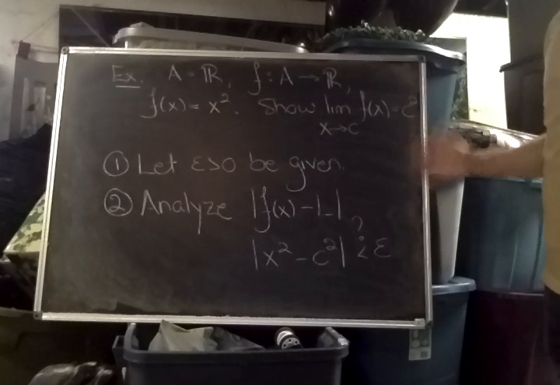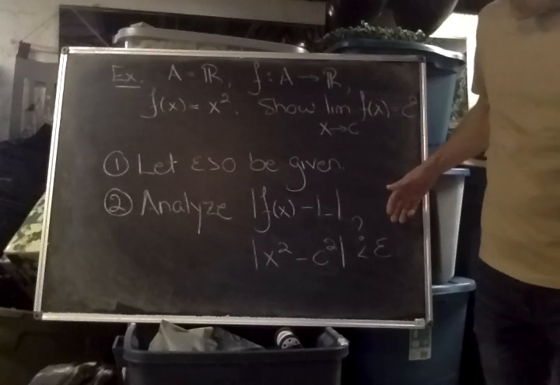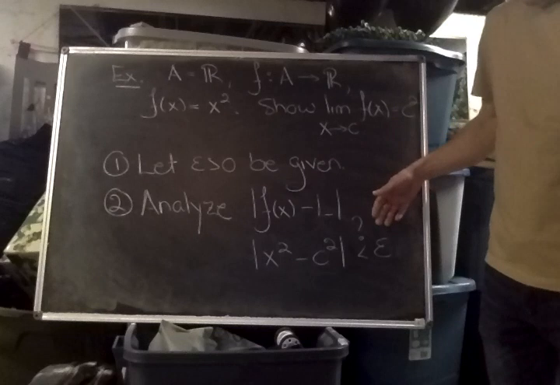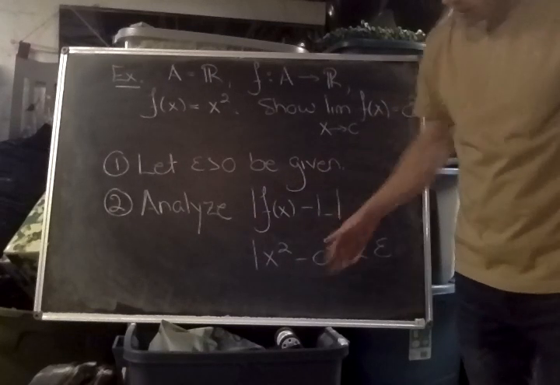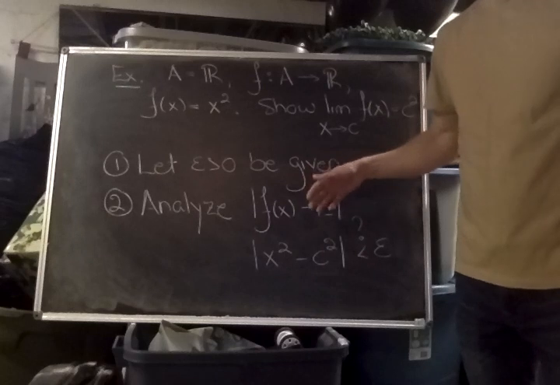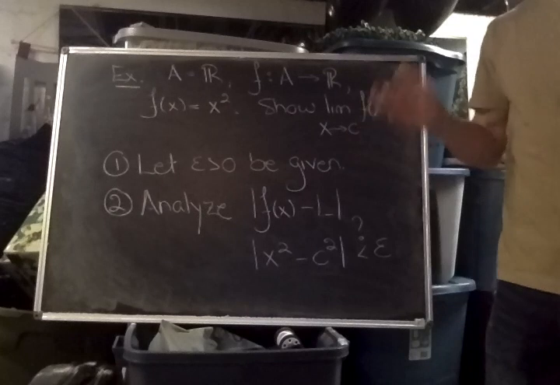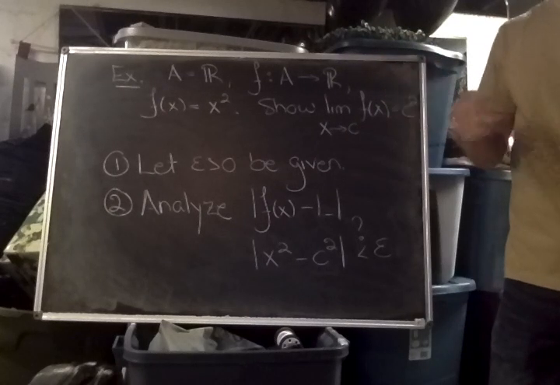The thing to keep in mind now is that we're going to have to somehow take this inequality that we want, and manipulate algebraically this thing over here to the point where the thing we can control appears, okay?